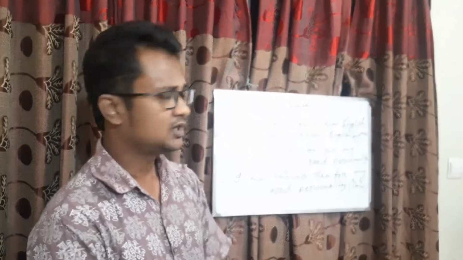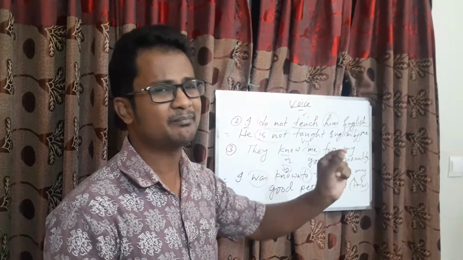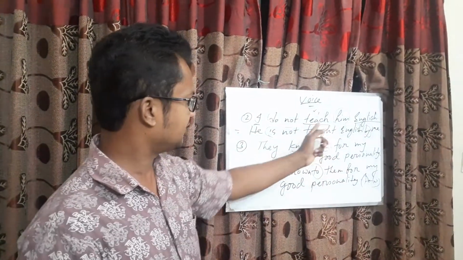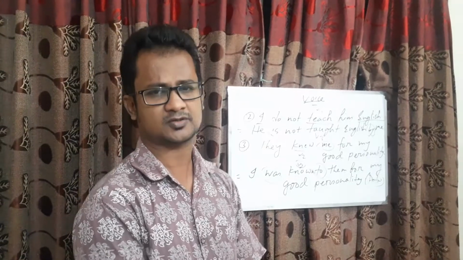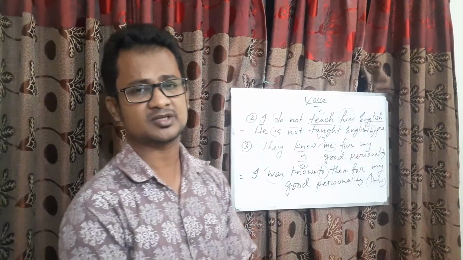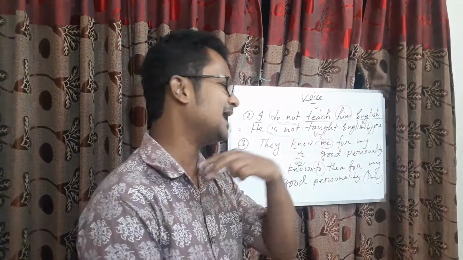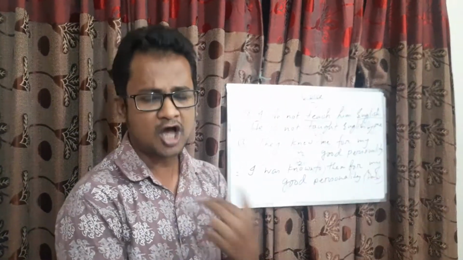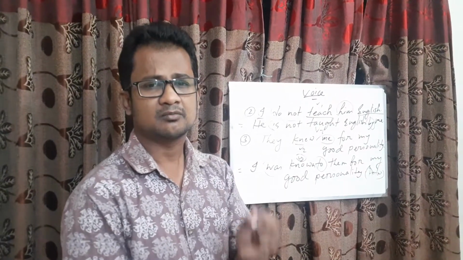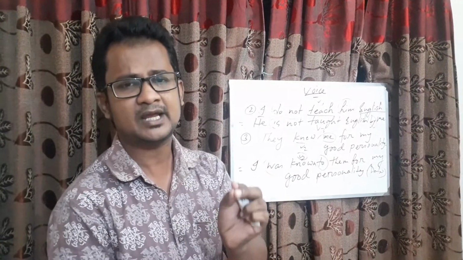I. And then you will seek the main verb. What is the main verb? We have teach. And before teach, you see that there is do not. Whenever you see do not, does not or did not, these three verbs will be auxiliary verbs.